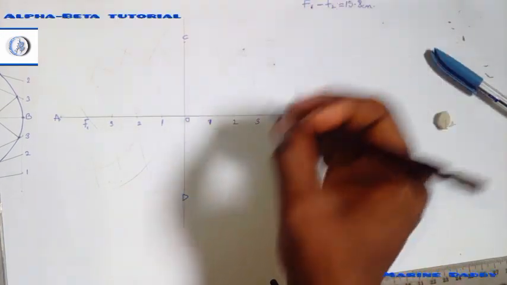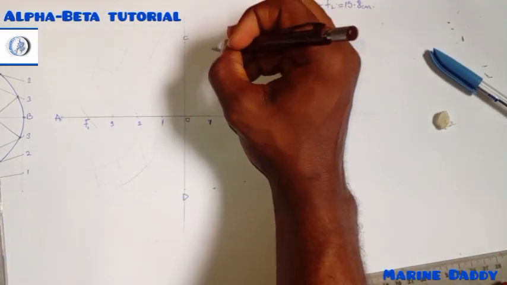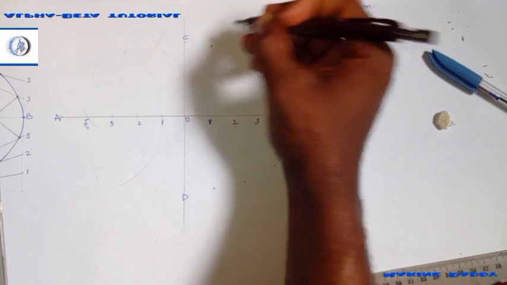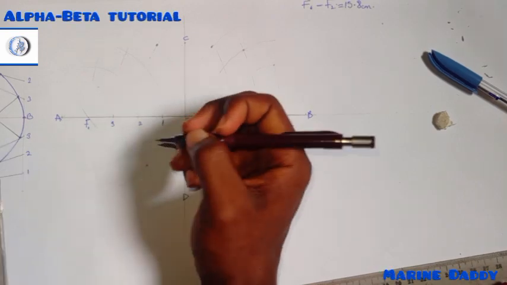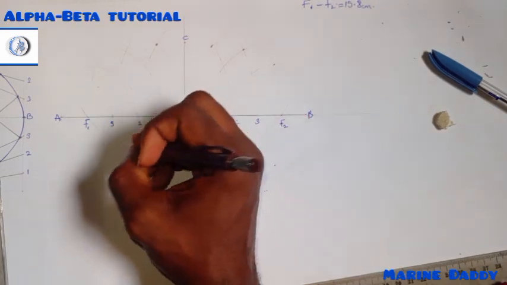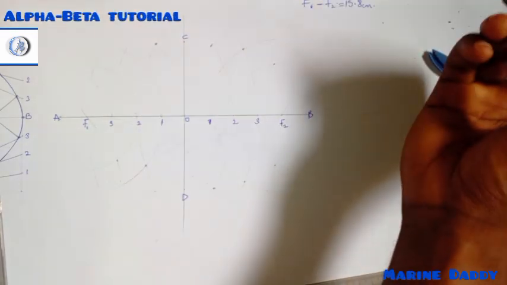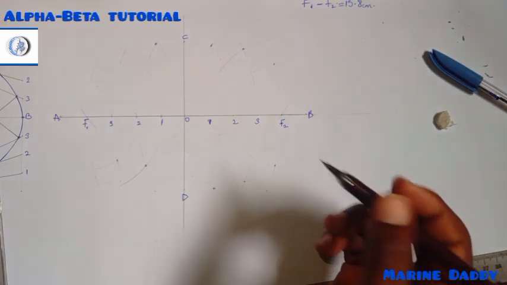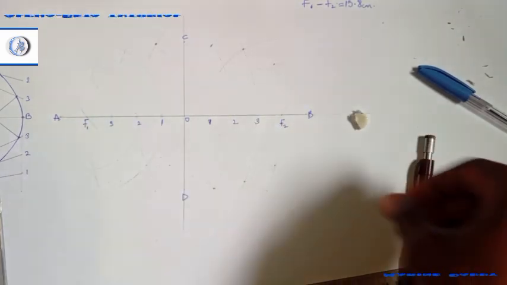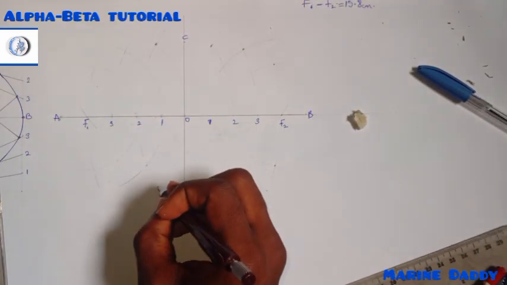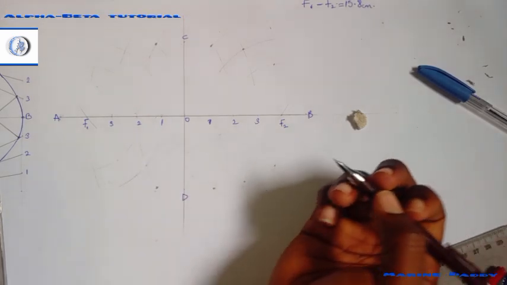point here, 1 point here, 1 point here, 1 point here, 1 point here, the other here, another point here, sorry, the other point here, this one stays here.